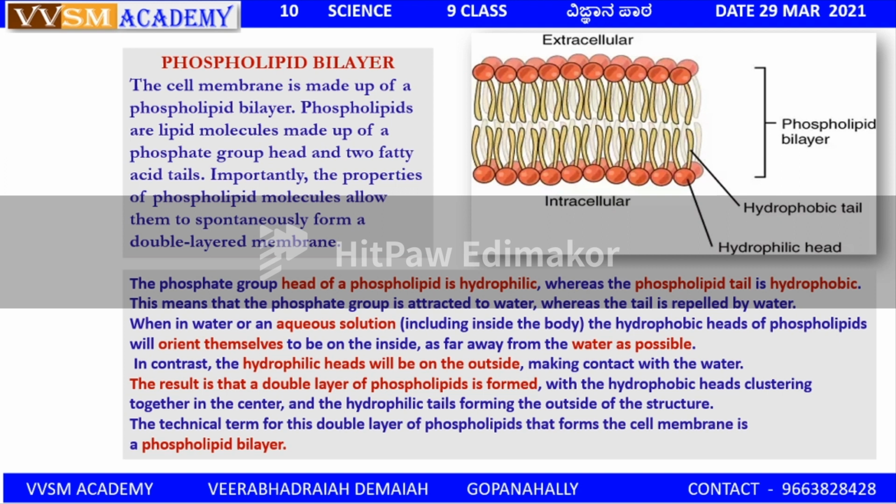The result is that a double layer of phospholipids is formed, with the hydrophobic tails clustering together in the center and the hydrophilic heads forming the outside of the structure. The technical term for this double layer of phospholipids that forms the cell membrane is the phospholipid bilayer.